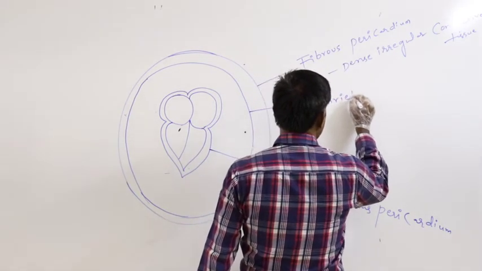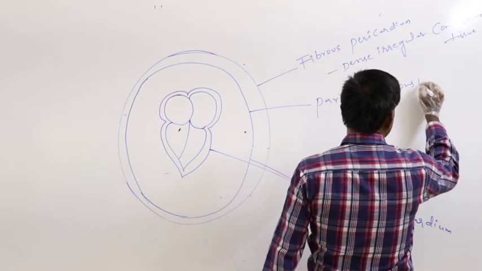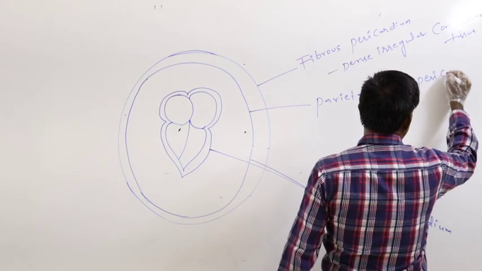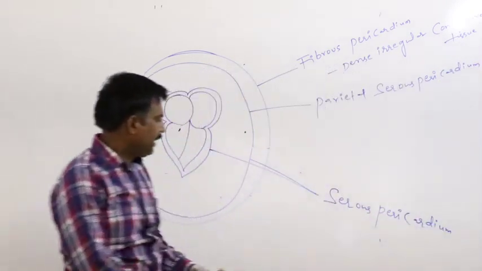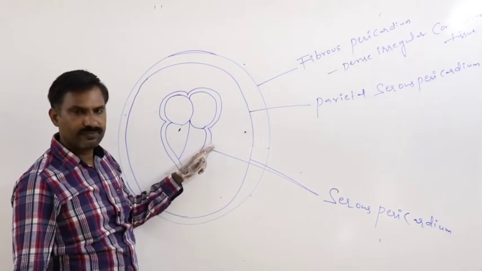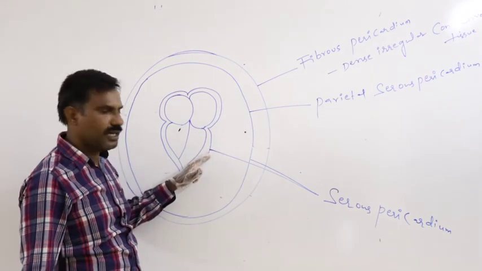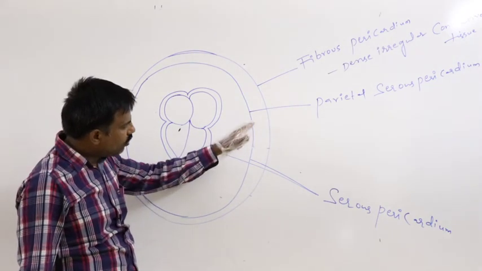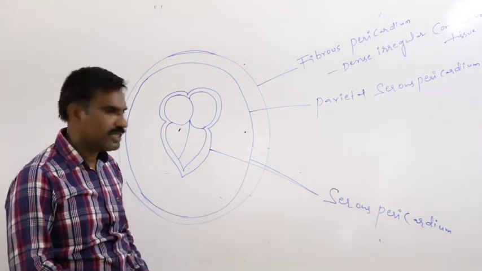This is the parietal serous pericardium. In the serous pericardium, this is the outer layer, this is the inner layer. The outer layer of the serous pericardium is the parietal serous pericardium.